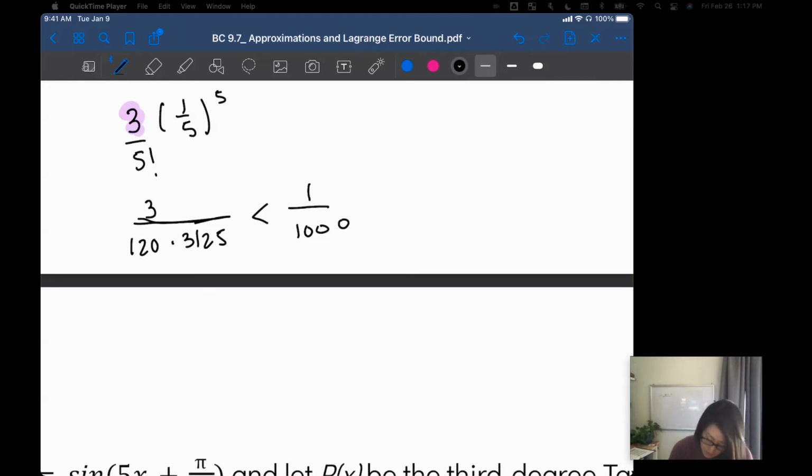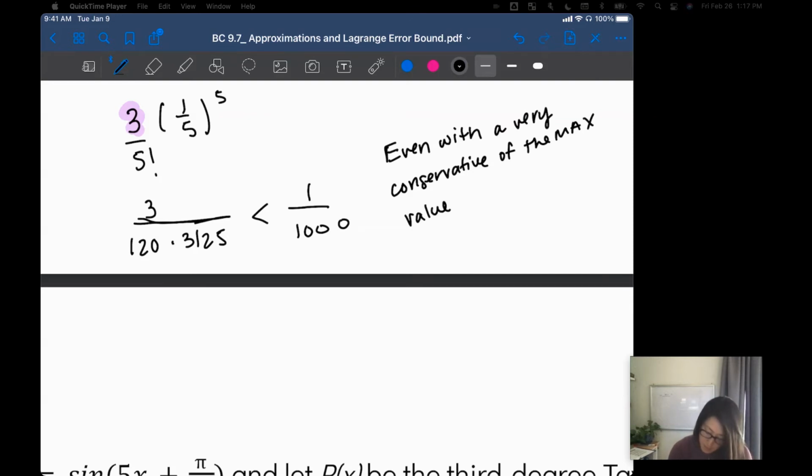So even with a very conservative number, or overestimate, for the max of the fifth derivative of f evaluated at z, we still yield an error less than 1 over 1,000. Okay? All right, next.